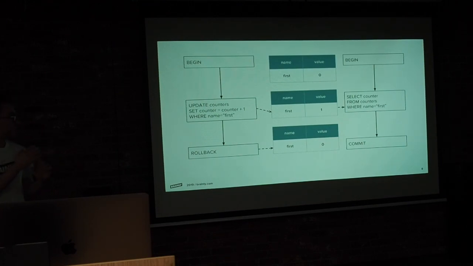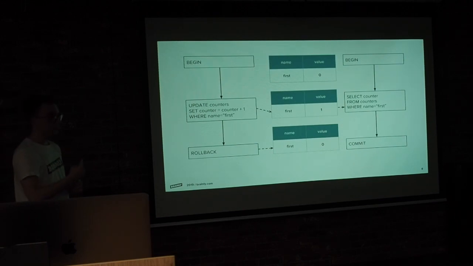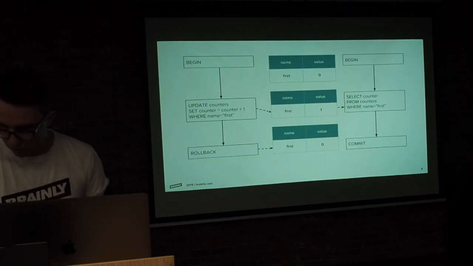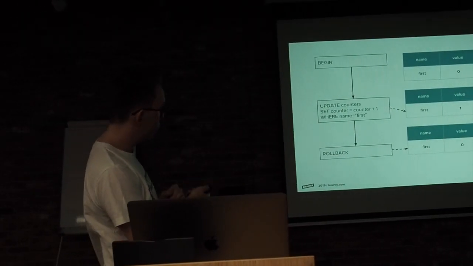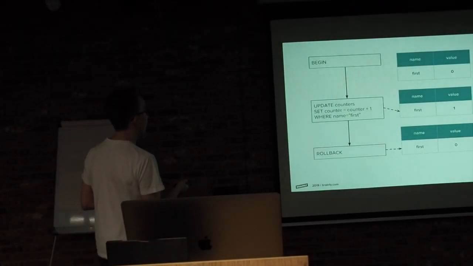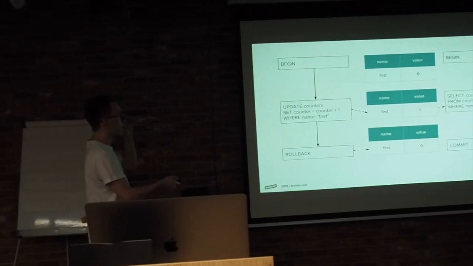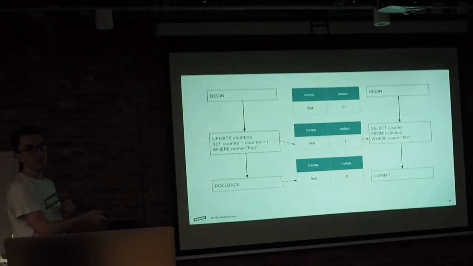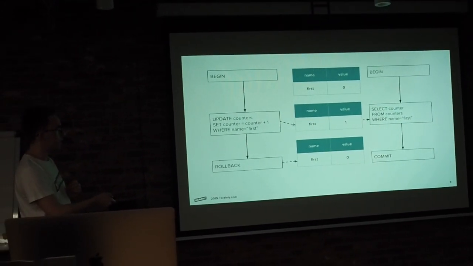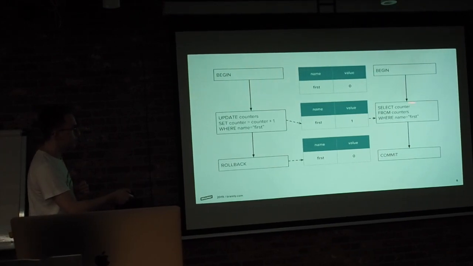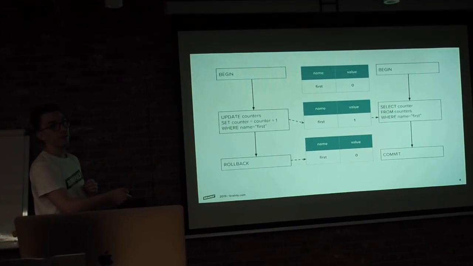Well, it starts, then it reads the value. Let's say the left transaction wrote the incremented value, and immediately after the write, the second transaction reads the value. Dirty read means that this transaction will actually read the number 1.